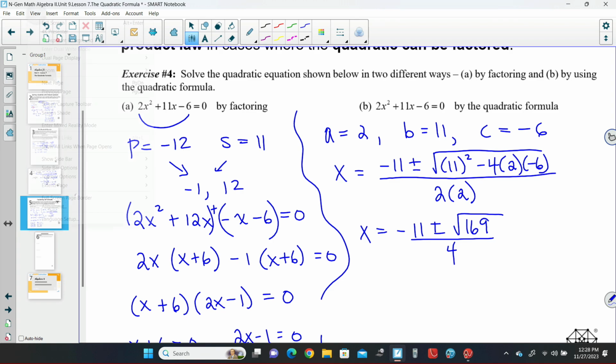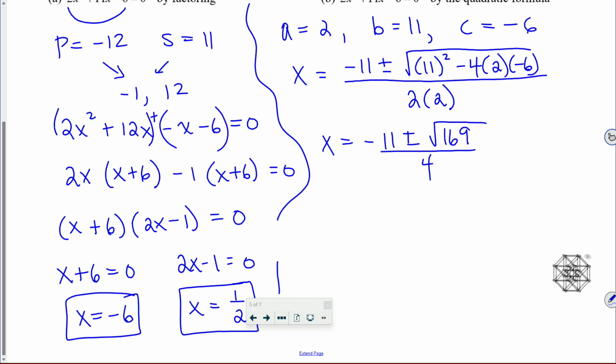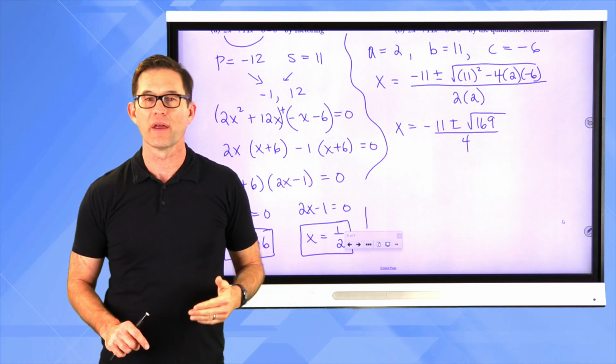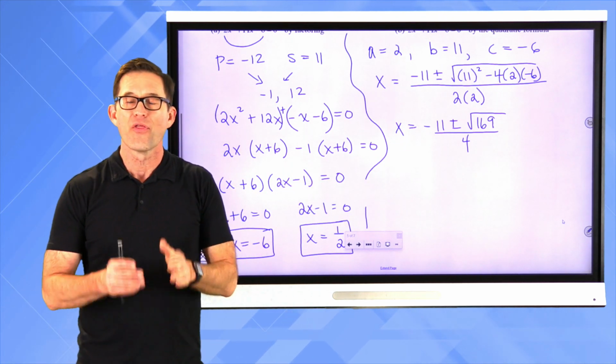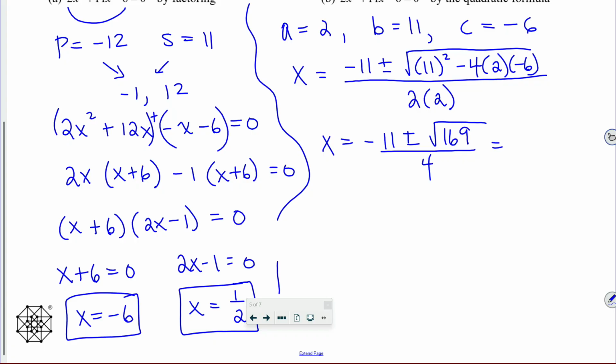Now, what's cool is most of the time, the number under the square root is not a perfect square. But this time, 169 is a perfect square. It happens to be 13 squared. So this is negative 11 plus or minus 13 all over 4.